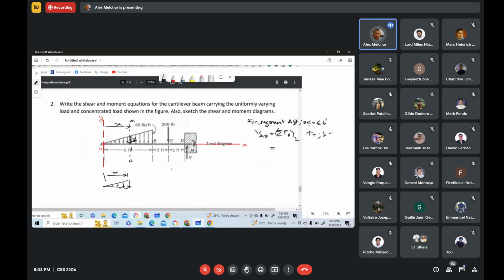The resultant force is this force acting at the centroid, at a distance of 1/3 of x.